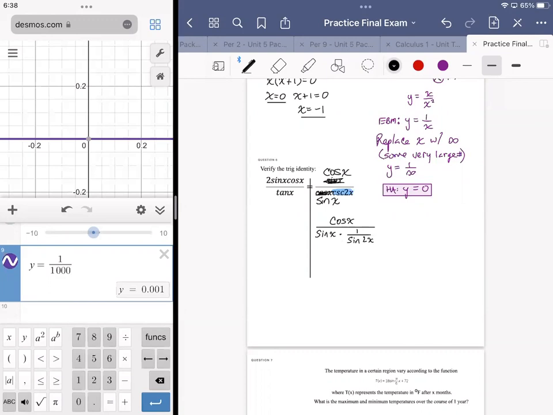Sine of 2x, that's an identity. That's the double angle identity. So this would be the same as saying cosine of x over sine of x times 1 over 2 sine x cosine x. So that's one of those identities.